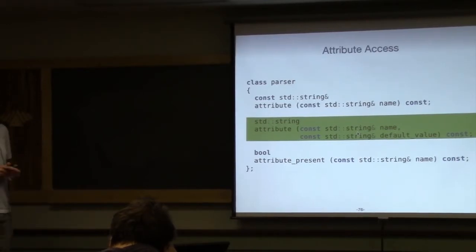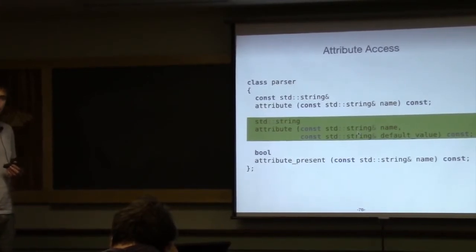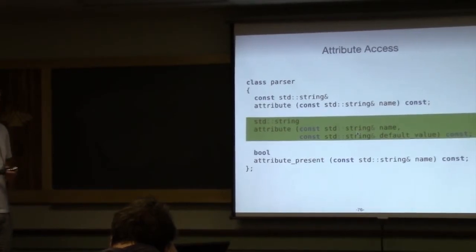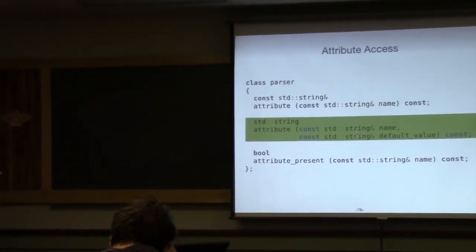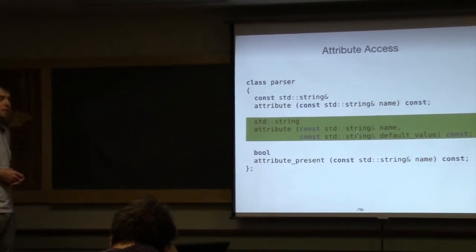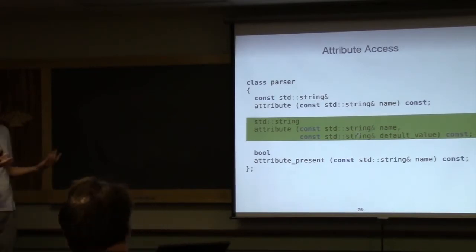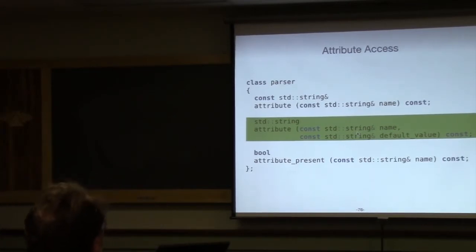Okay, question. Correct me if I'm wrong, but I think when you find an element in the map, you get back a pair. That would be one alternative, to return a boolean and a pair. Yeah. So the comment was that one way to implement that function would be to return a pair similar to a map. Okay, another question.